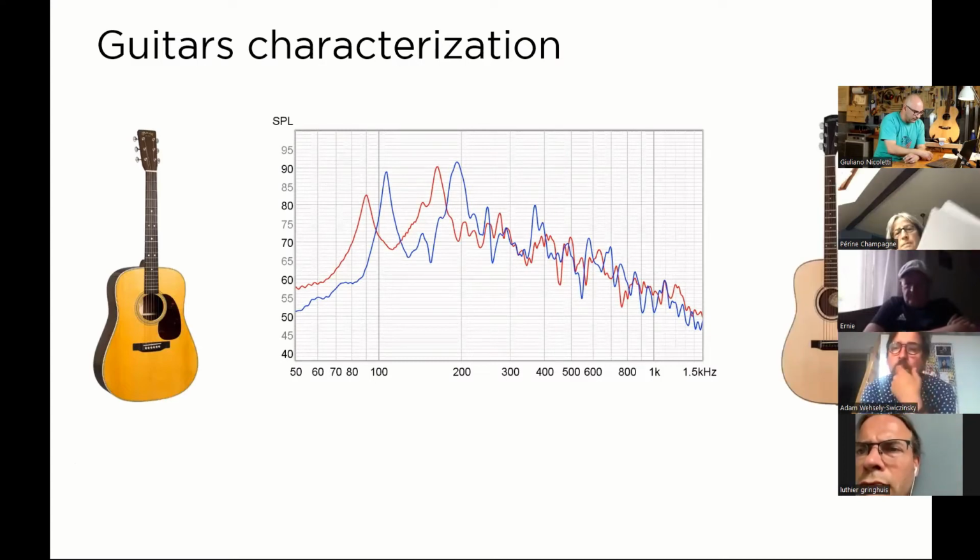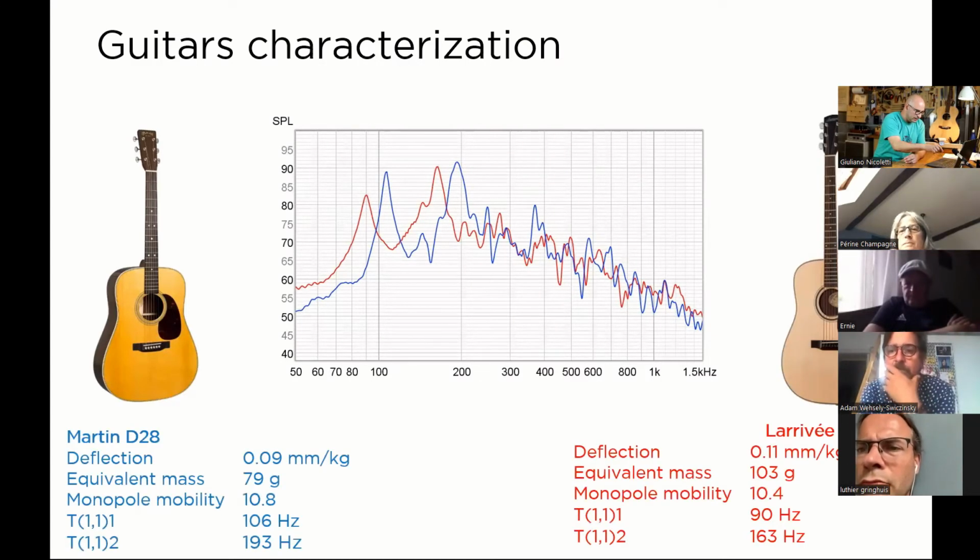This is a Larrivée D03 here, and this guitar is technically identical to the Martin. I mean, if you see these two guitars on a web shop, they will say that they have a spruce top, that they have Indian rosewood side and back. The shape is exactly identical. The bridge is identical. Rosewood bridge.